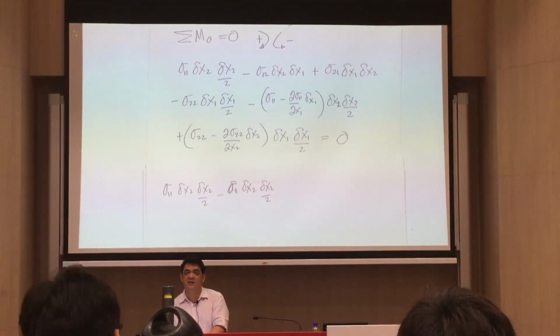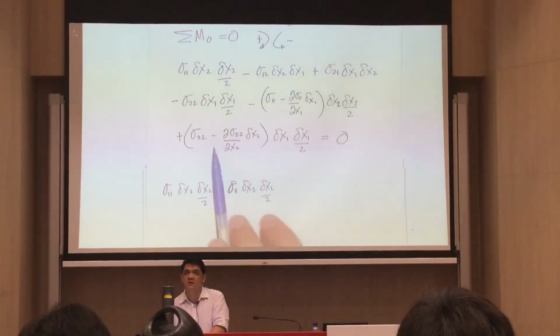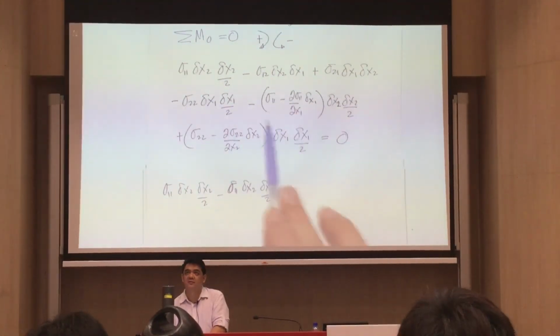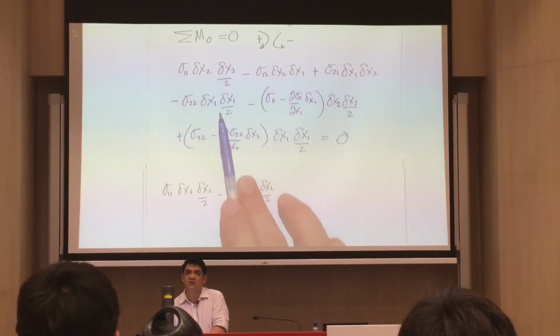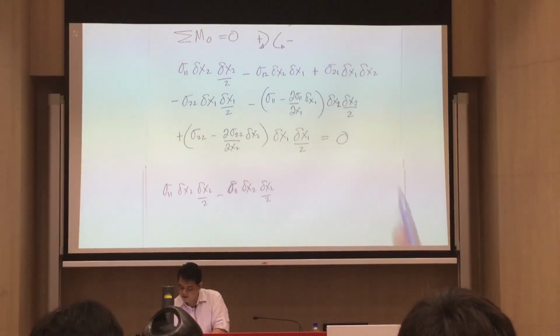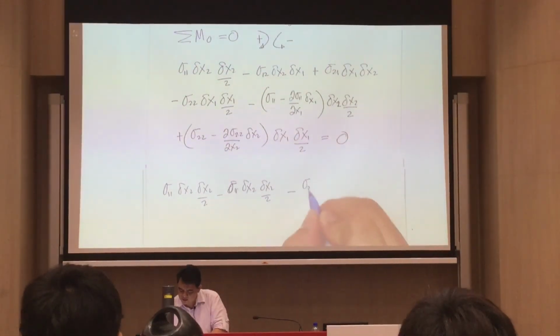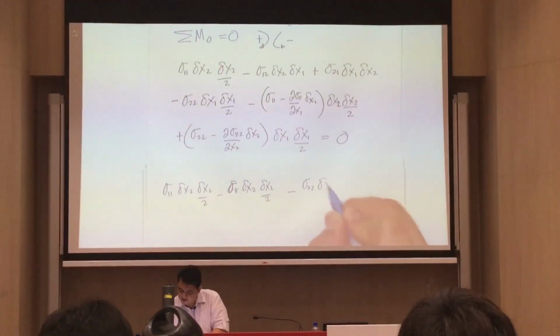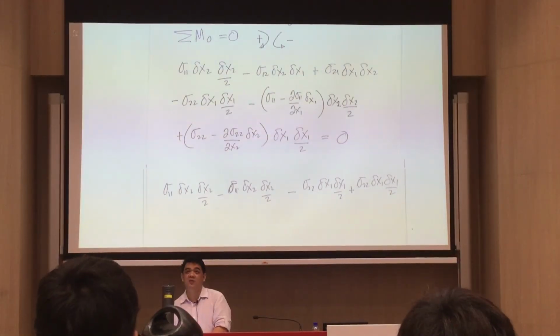So you will see that they will cancel out. What else can we remove? We can take this one first. Minus sigma 2,2 delta x1 divided by 2 plus sigma 2,2 delta x1 all over 2. As you can see, they will cancel out.